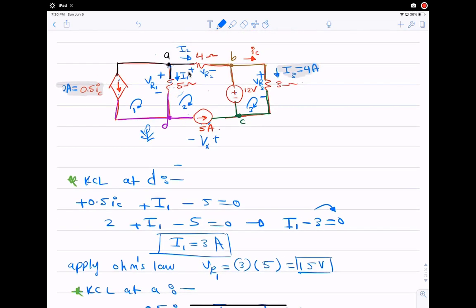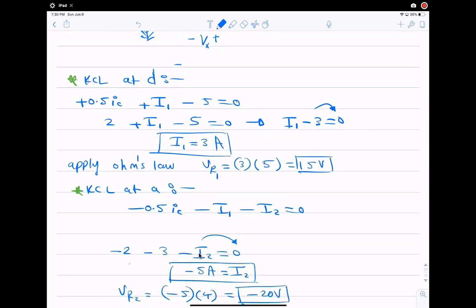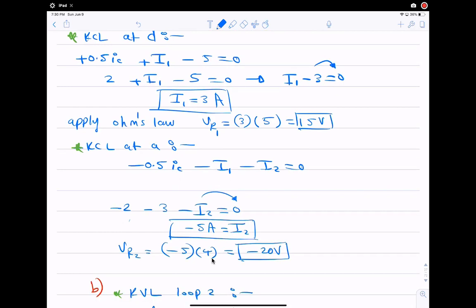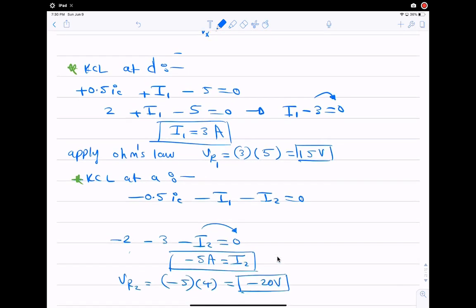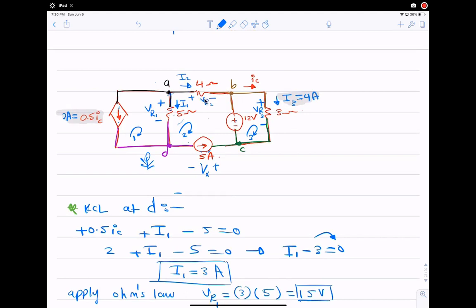Now whenever you find I2, you can find VR2. VR2 equals I2 times 4 ohm. So negative 5 times 4 equals negative 20 volts. Okay, now let's look at the negative. Since the current is negative and the voltage is negative, that means this resistor is reversed. That means the positive should be to the right and the negative to the left, and the current should be the other way, since both are negative.